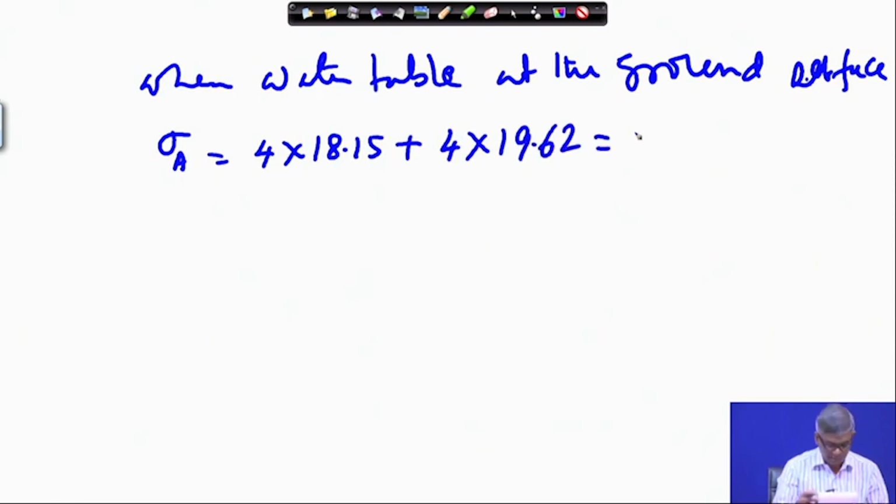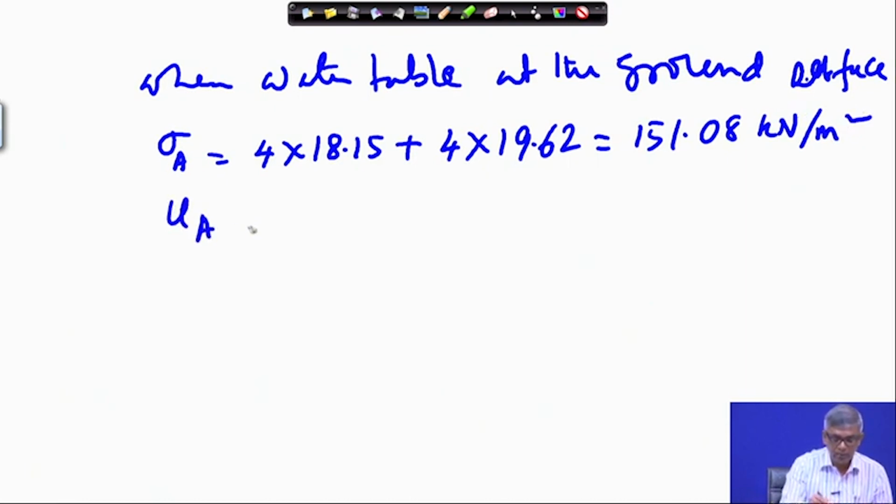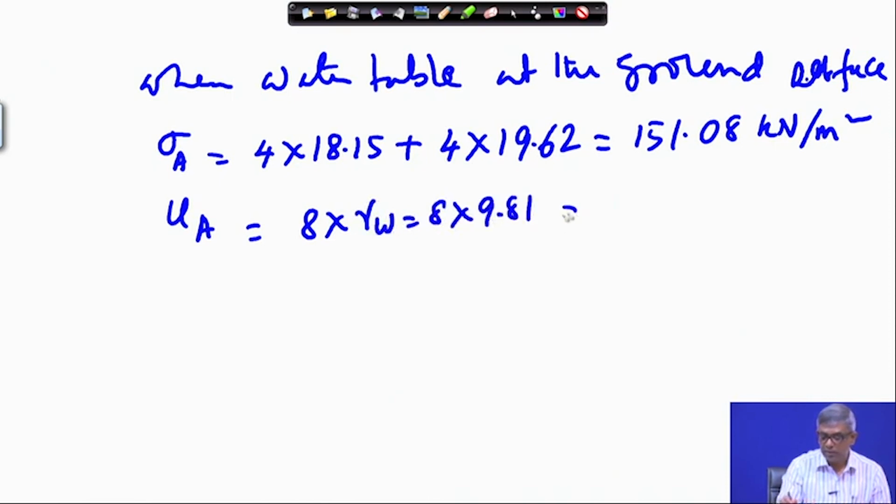So, that gives you 151.08 kilonewton per meter square, and U A will be 8 into gamma W. So, 8 into 9.81 gives you 78.48 kilonewton per meter square.